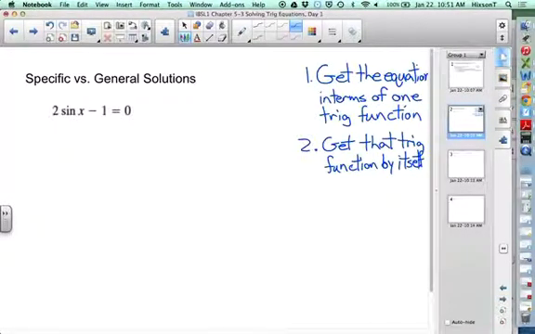Then, thirdly, we want to use our inverse trig functions.